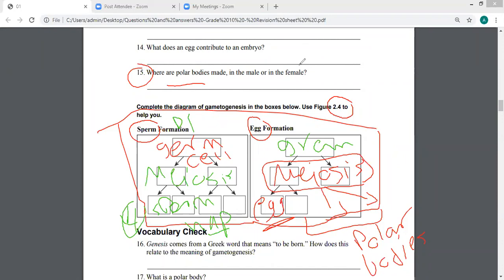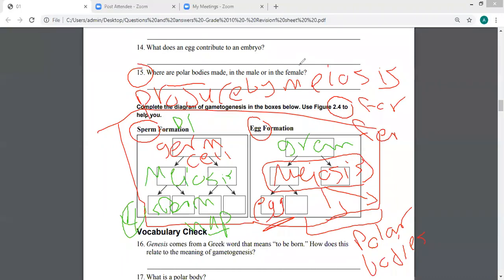Again, polar bodies are produced by meiosis division for female, and contain little DNA, and are all the time broken down.